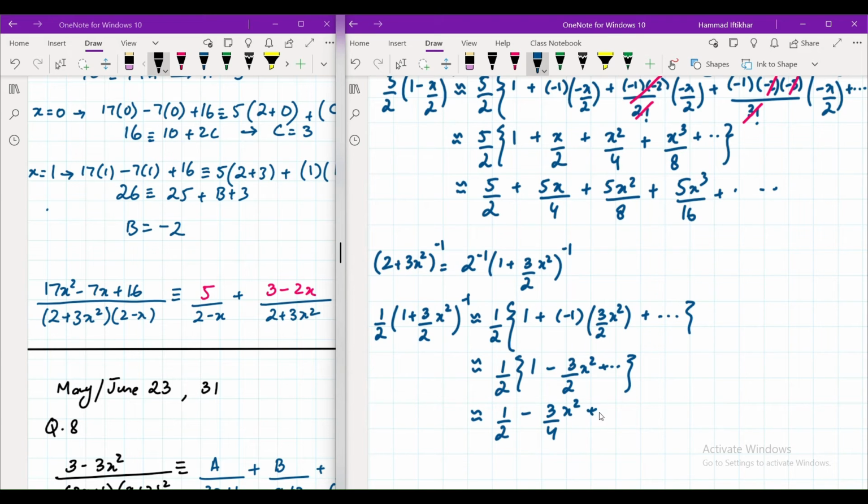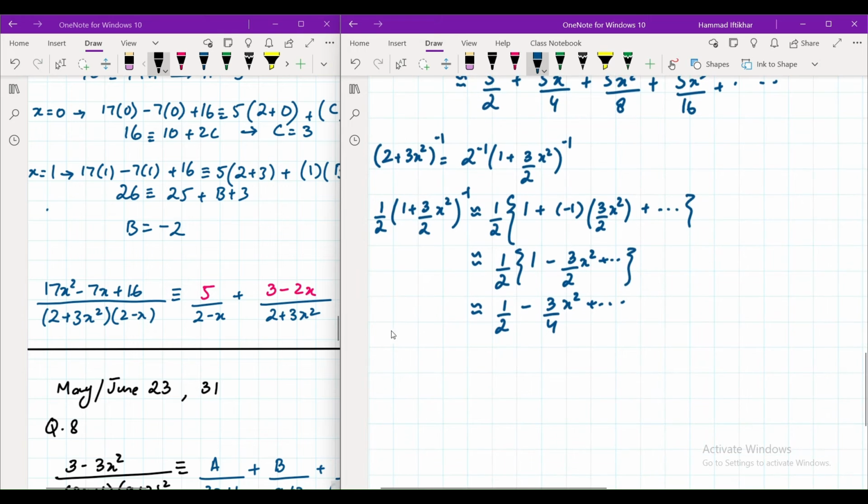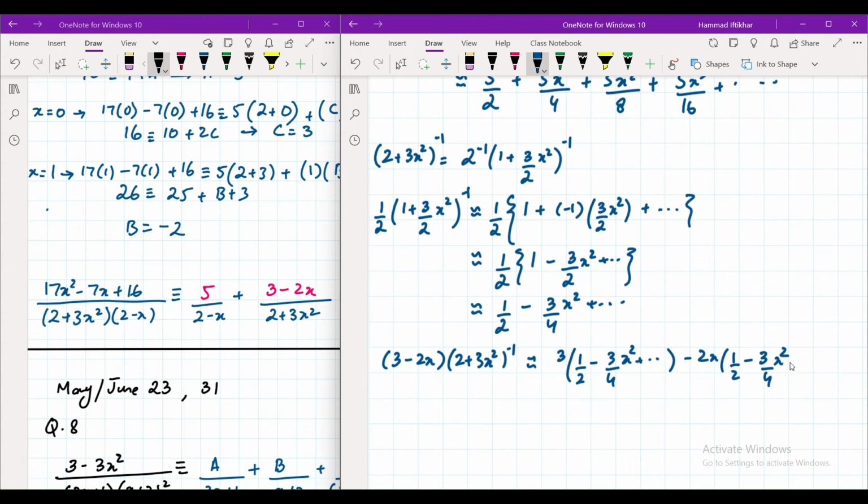Now let's multiply the 3 minus 2x. 3 minus 2x multiplied by 2 plus 3x squared to the power minus 1 approximates to 3 times 1 over 2 minus 3 over 4 x squared, and minus 2x times 1 over 2 minus 3 by 4 x squared.